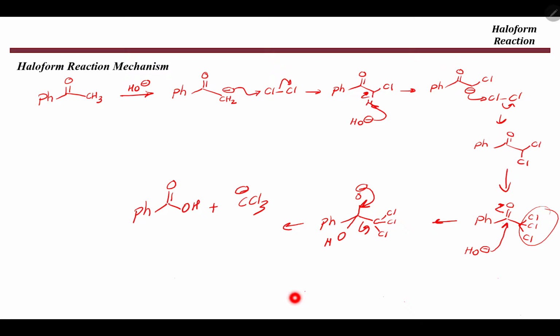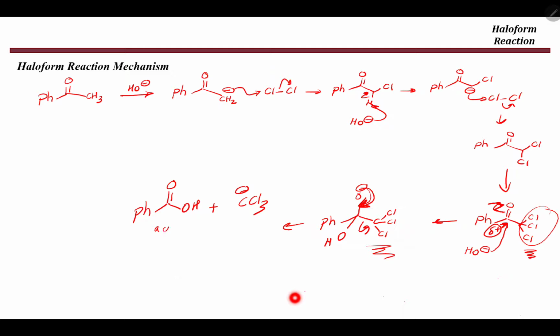By the way, this carbon here, because of the withdrawing effect of those three chlorines, is a highly electrophilic carbon, so it has a much higher partial positive charge, and that's why OH minus attacks here. This pushes the electrons toward oxygen. When the electrons go back, then CCl3 leaves.